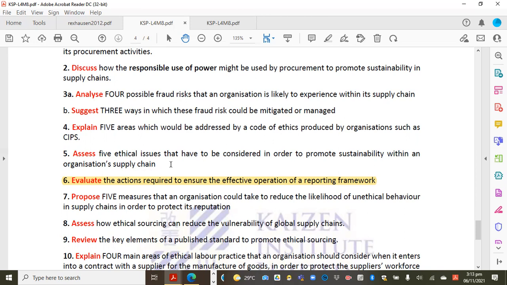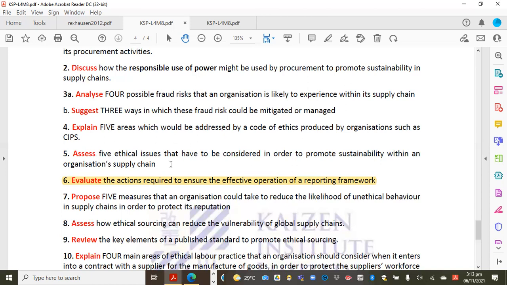Human rights captures living wages and workers' rights. Workers' rights fall under human rights. That's where you have labor, no use of child labor. Workers must have the freedom to choose their employment. They have to have the freedom to join associations. They shouldn't suffer any discrimination at the workplace.